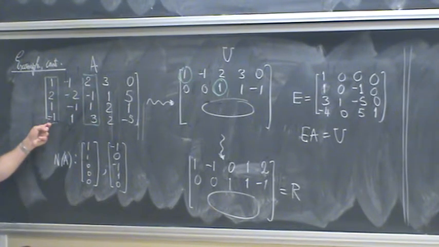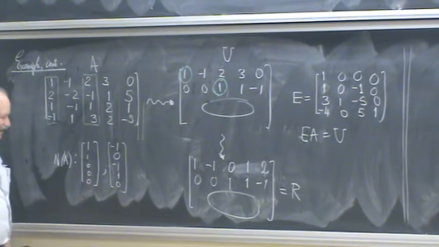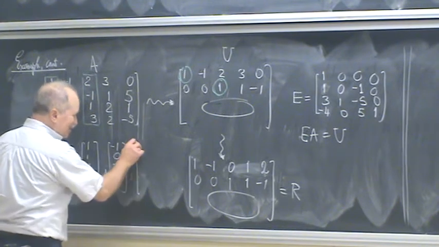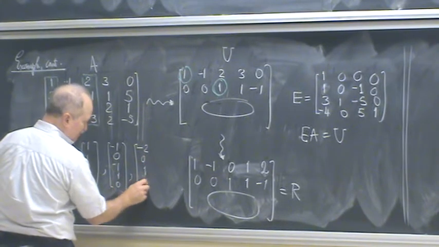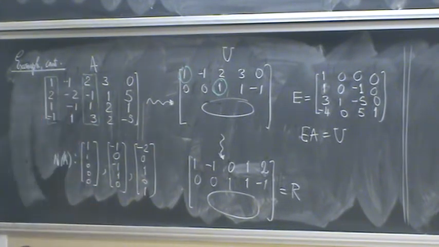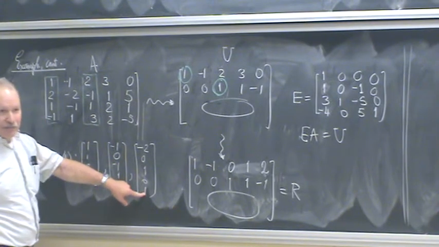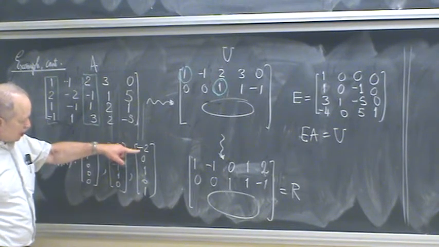Uh-oh. No, it is. Yeah. It is. Oh, it is. And lastly, I shouldn't press my luck here. Lastly, that basis vector for the null space should tell me that the last column is twice the first column minus the third.